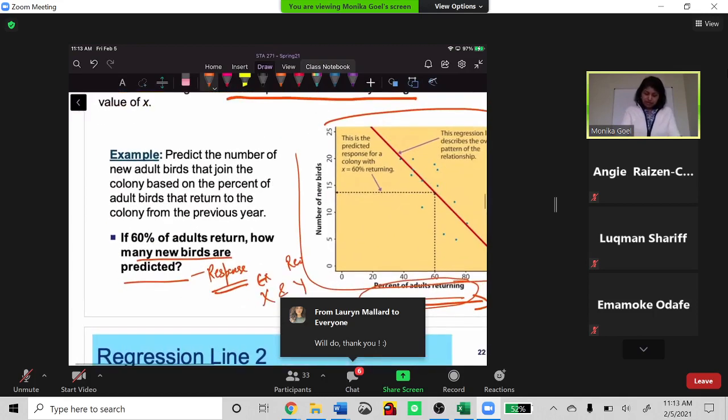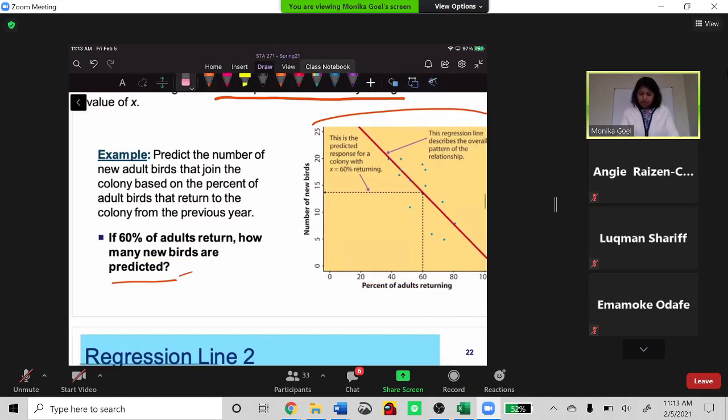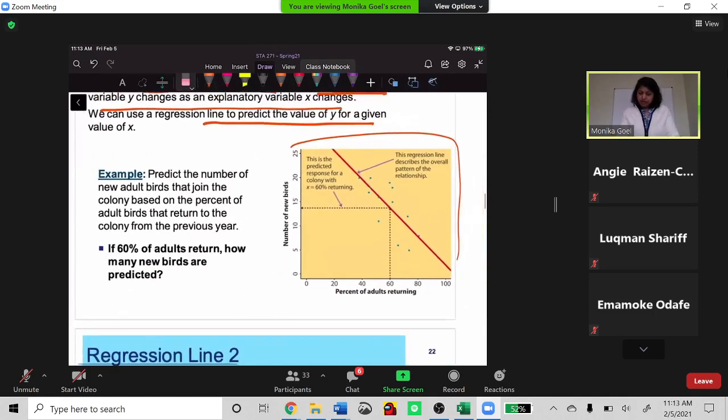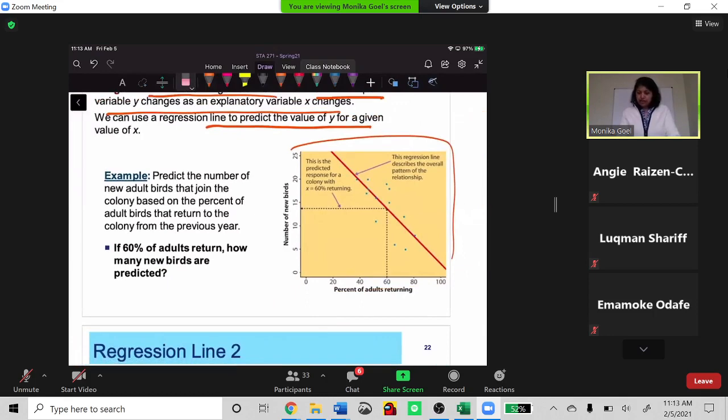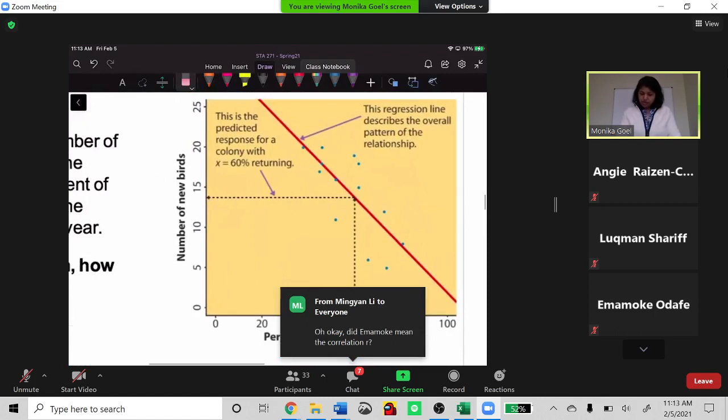So here, let's come back to this example. If 60% of adults return, how many birds are predicted? If we just look at this scatter plot and not do any math, I'm looking at my x, which is 60 according to the question.